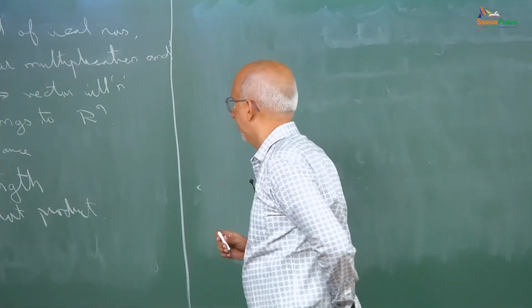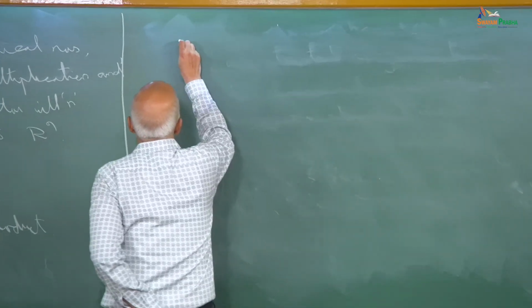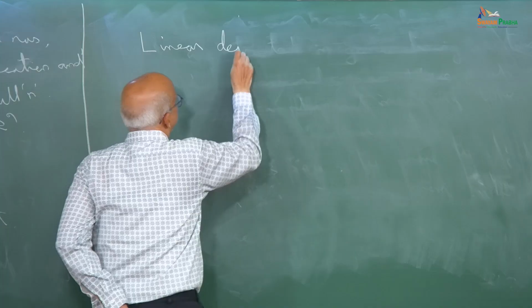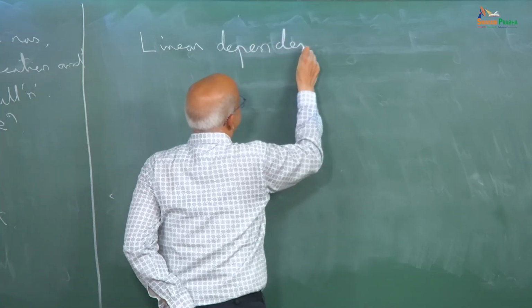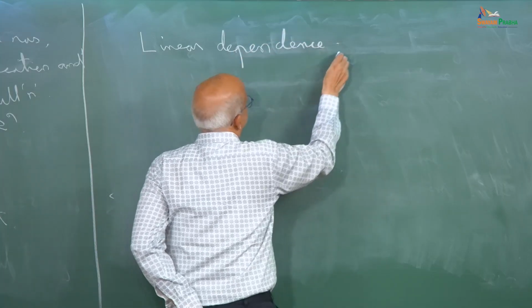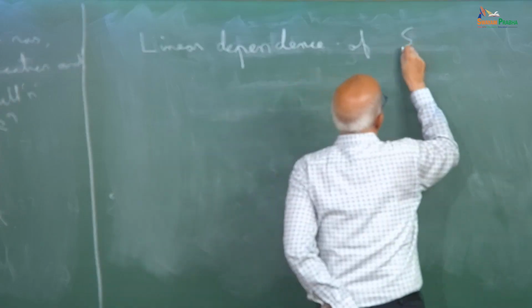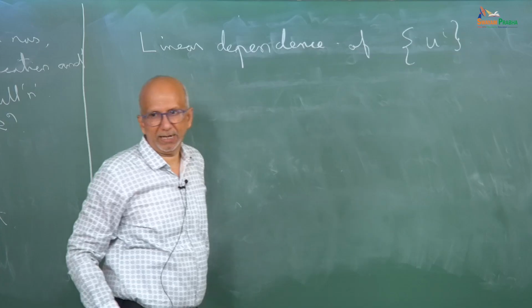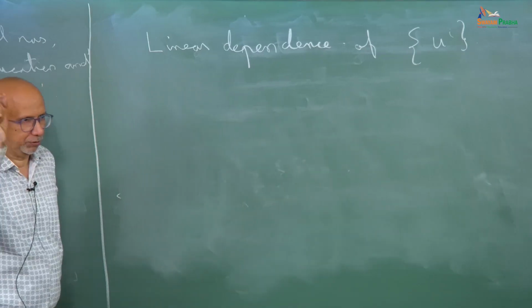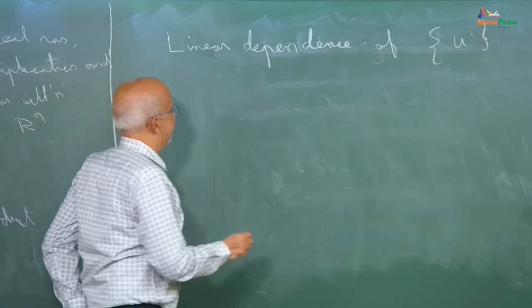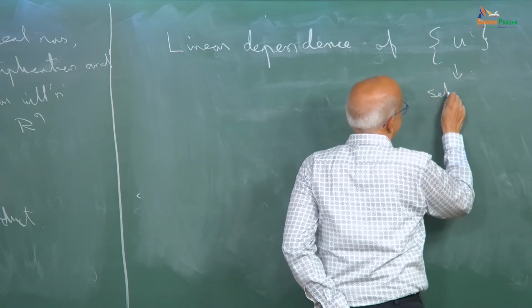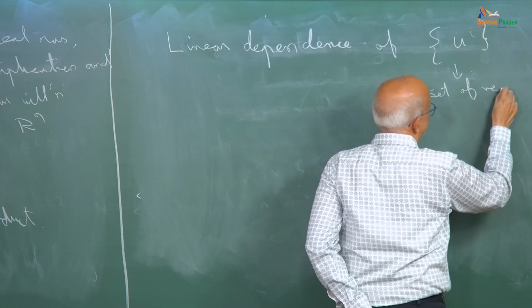Now, the other thing we did was talk about linear dependence of a set of vectors ui. So, when I put curly bracket, I mean the set of vectors u1, u2, u3. Okay. So, this is a set of vectors.